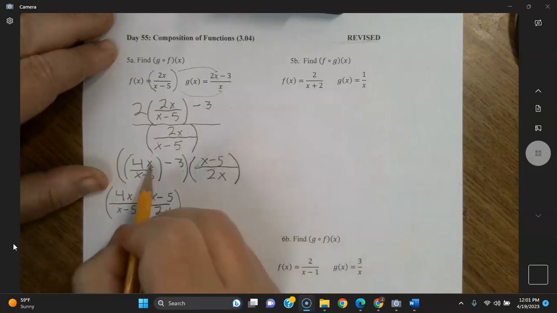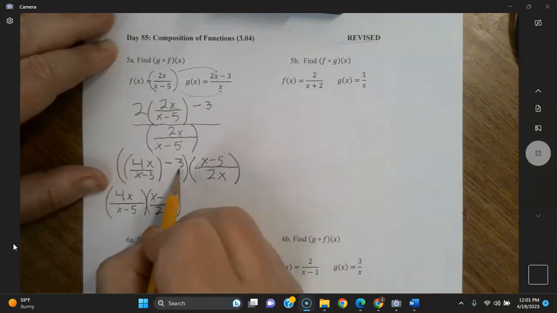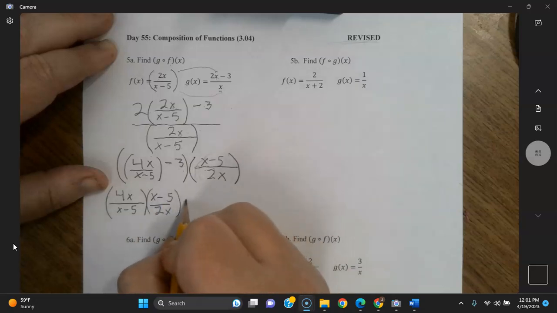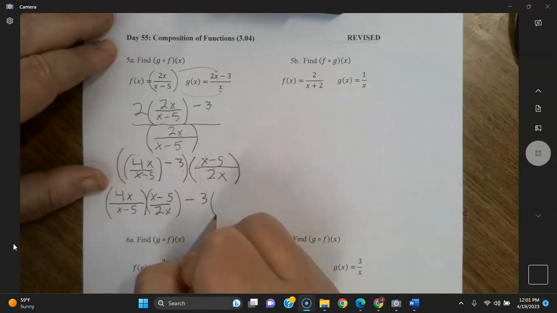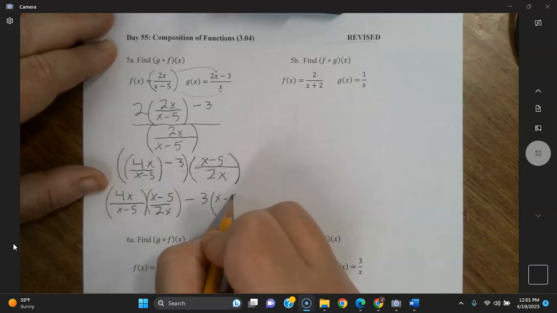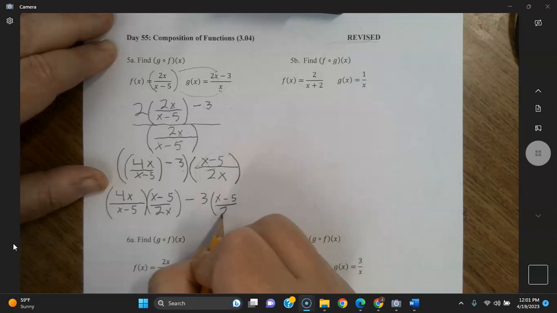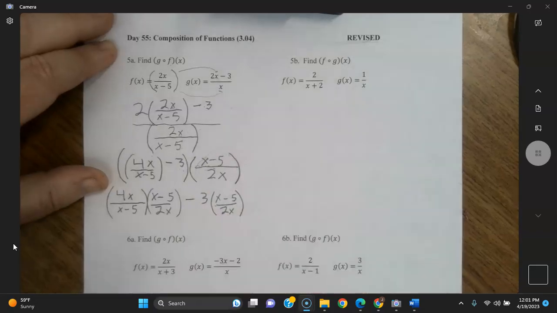So this got distributed to this. Now it's going to get distributed to this. So it's minus, pretty much looks the same as it does right now, x minus 5 over 2x. Okay. All right.